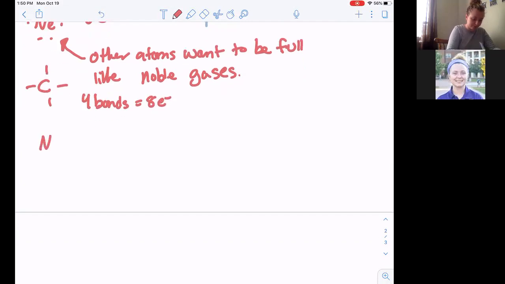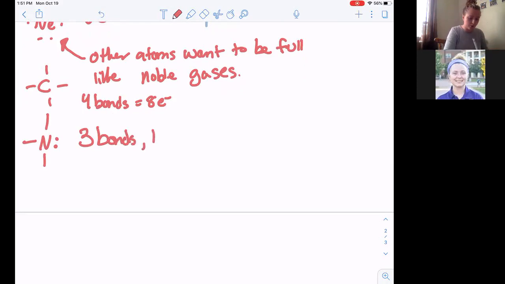Nitrogen, it's 3 elements away from noble gases. It only wants 3 bonds because it has enough space to have a lone pair where it only needs 3 bonds. These are very much patterns you can get.